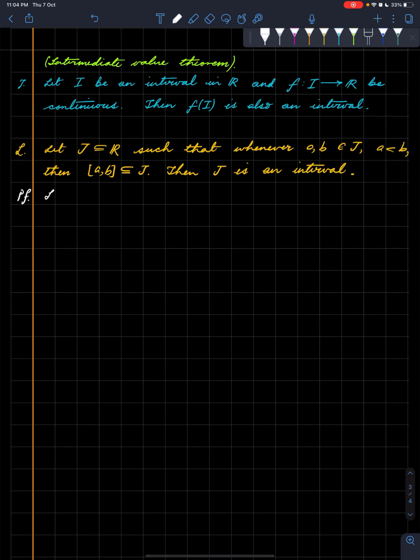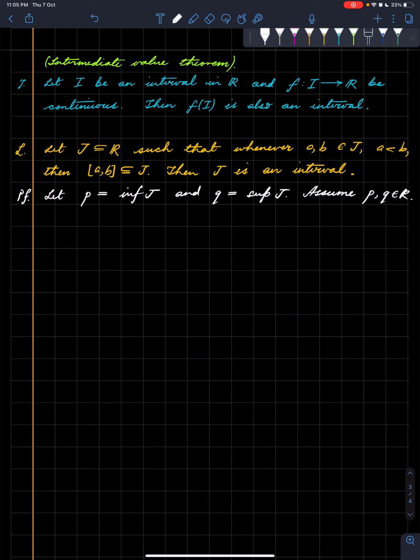So let P equal the infimum of J and Q equal the supremum of J, and assume that both are real numbers. It is possible that P is negative infinity or Q is positive infinity, but I will just argue for the case when both P and Q are reals and leave the other cases as exercise.